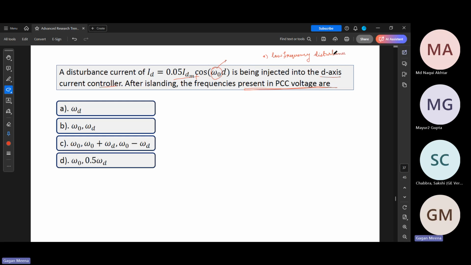By injecting this, what will happen to the overall new frequency of the quantity which we are measuring at the PCC? Certainly, it will not remain as omega d. Right?